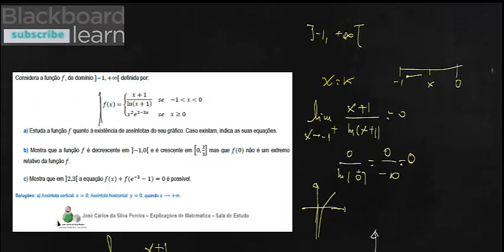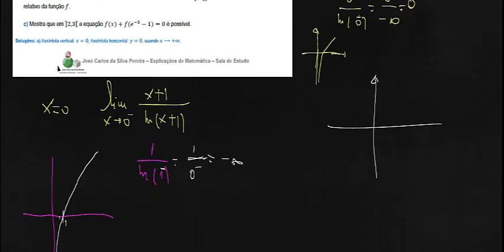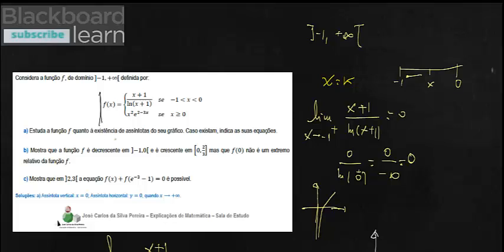It will come in the graph something like this, when x is in the open interval -1 to 0. The function will be something like this, you see. Then on the other side, it will begin the other branch of the function f.